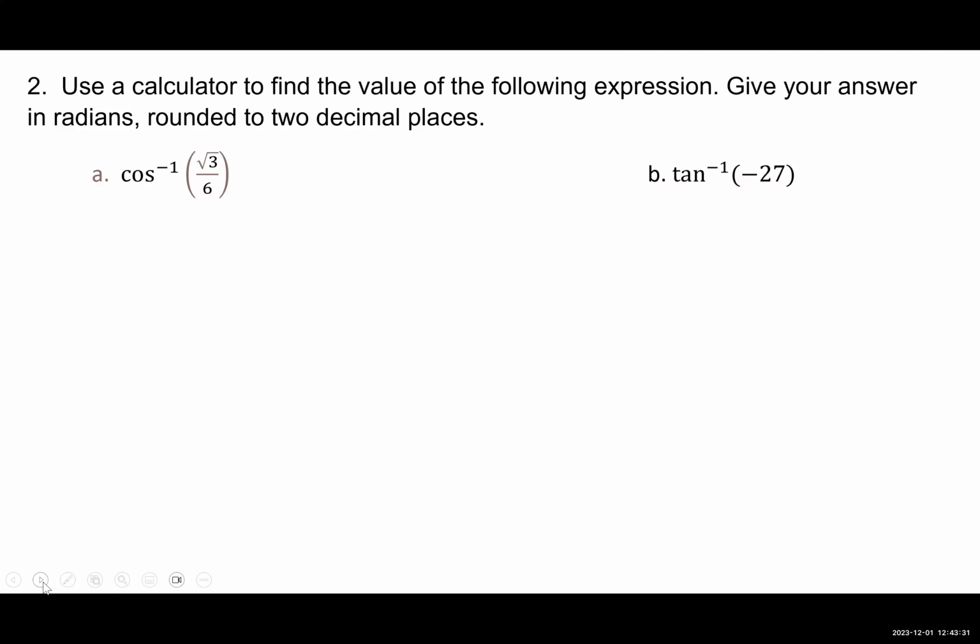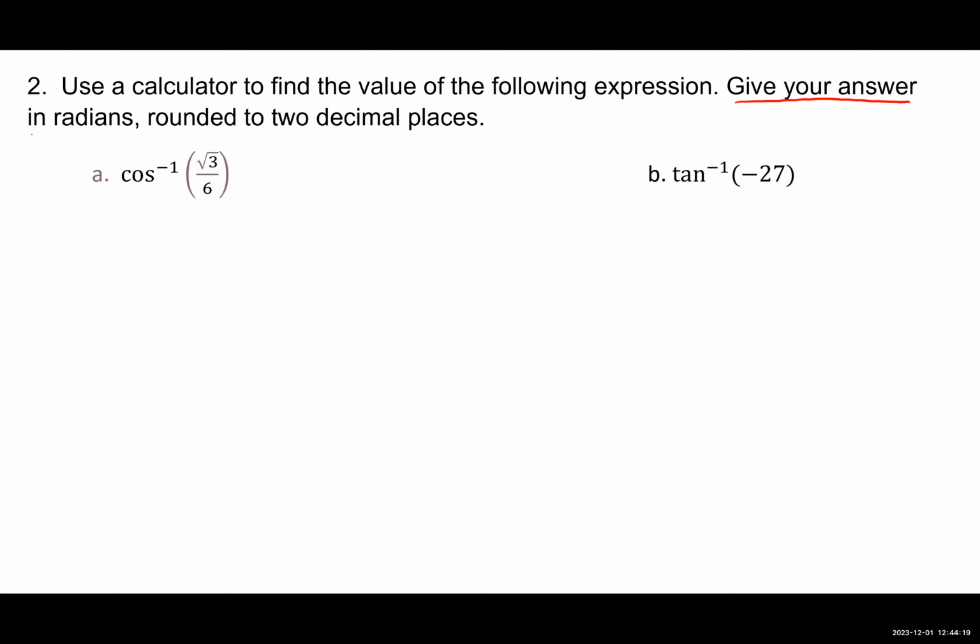All right, so we're going to round to 2 decimal places. So let's look at this first one. The cosine inverse of the square root of 3 over 6. Well, the directions say, give your answer in radians, rounded to 2 decimal places.